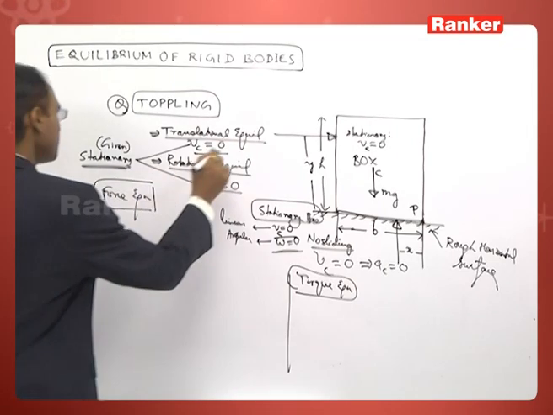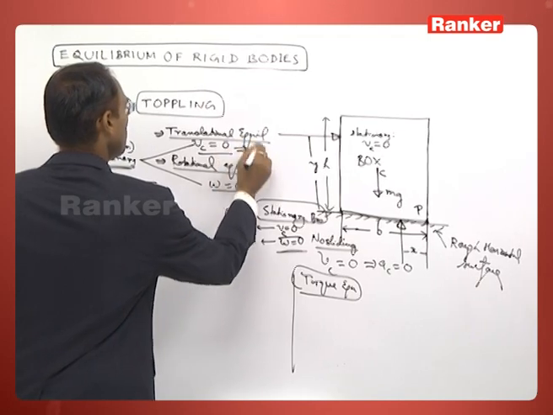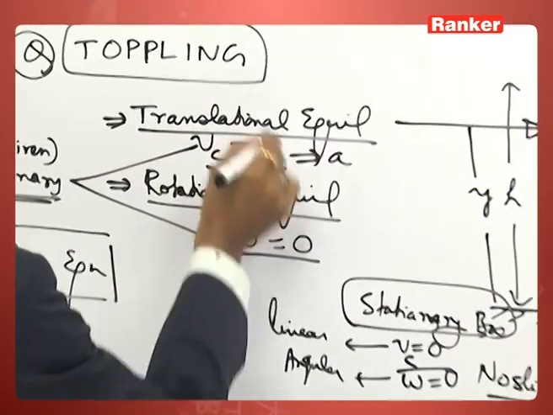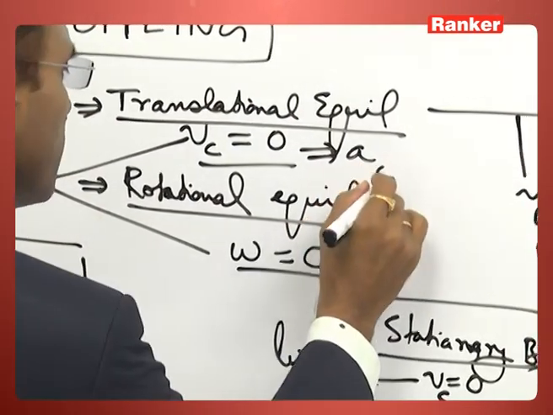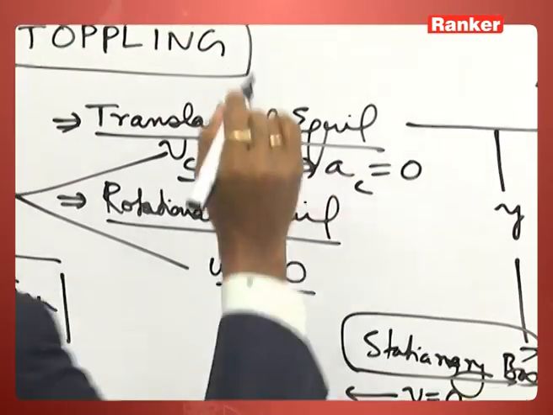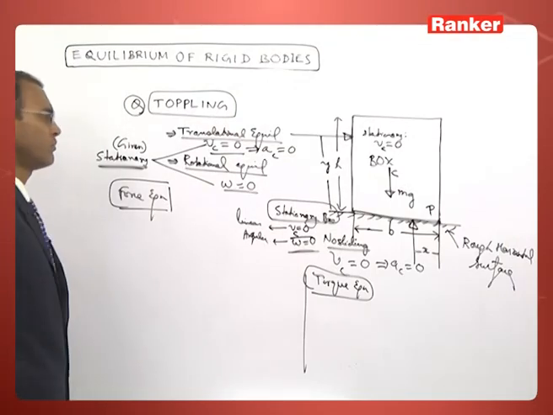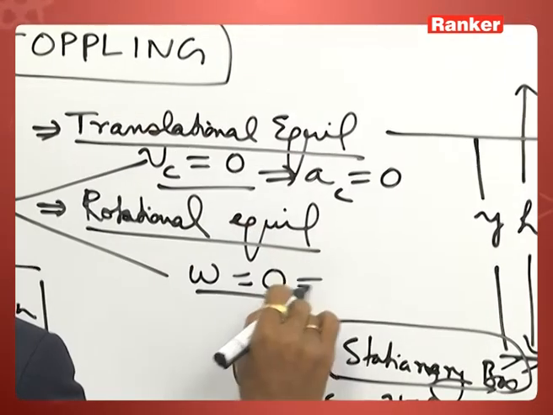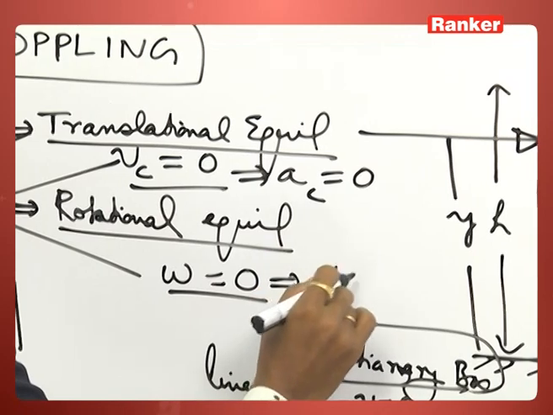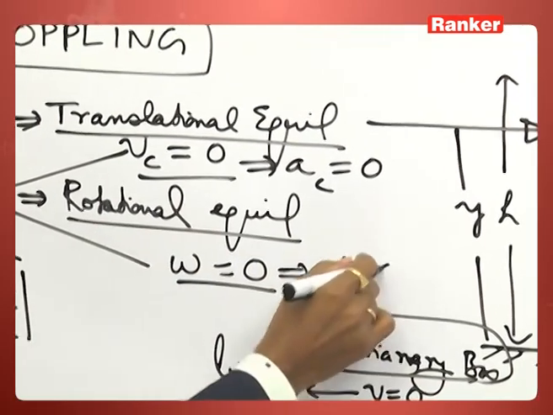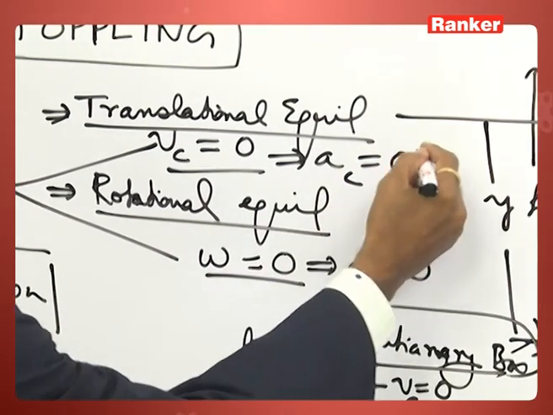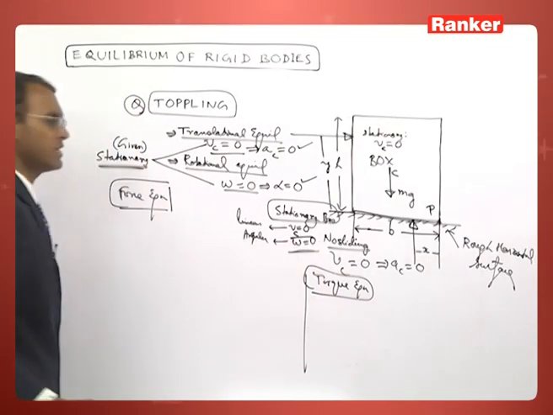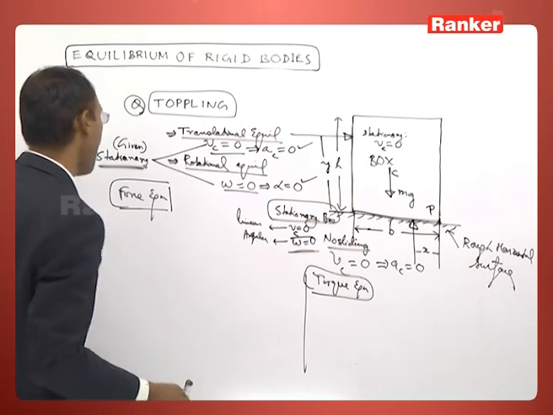Since acceleration of the center of mass is equal to the derivative of the velocity of the center of mass, and velocity of the center of mass is 0, therefore the center of mass acceleration will be equal to 0. Since omega is 0, alpha as a derivative of omega will be 0. From the given condition, we have found the accelerations, both linear and angular.